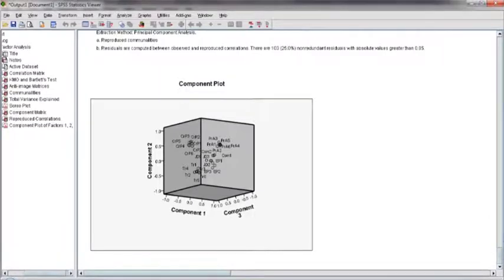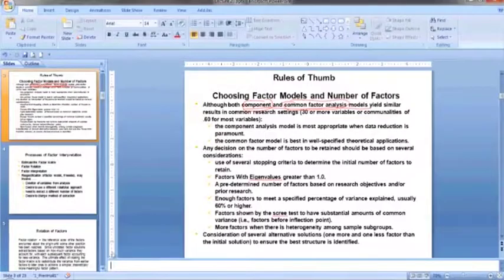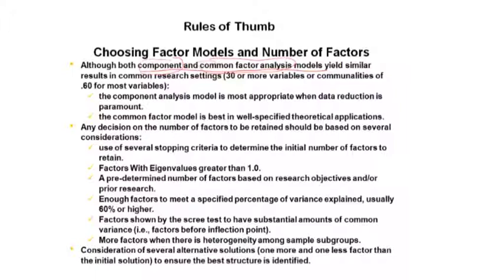Going back to the theoretical part, here you can see the things which we have been discussing. We have already seen the eigenvalues which are greater than 1 and how they have been discussed in the SPSS results, and how the specified percentage of variance, which is 60% or higher, has been used as a benchmark to know how many factors can be extracted.